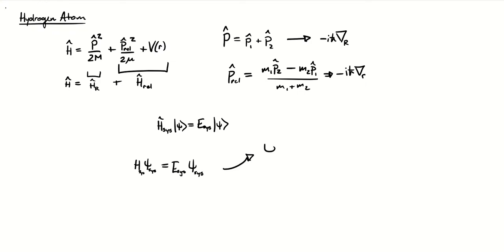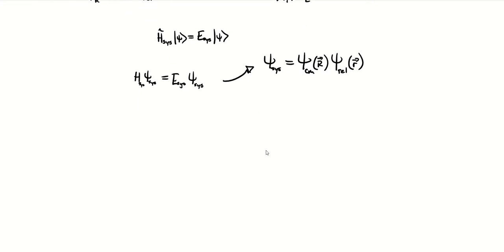We expect that system wave function to be separable into the product of two wave functions, one that only depends on the center of mass coordinate, and the other, the relative wave function, that only depends on the relative coordinate.